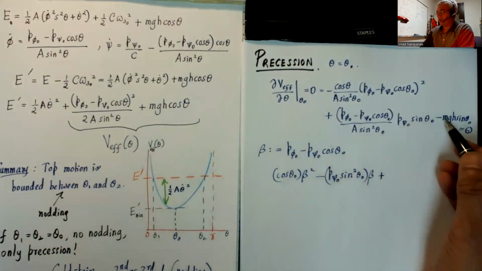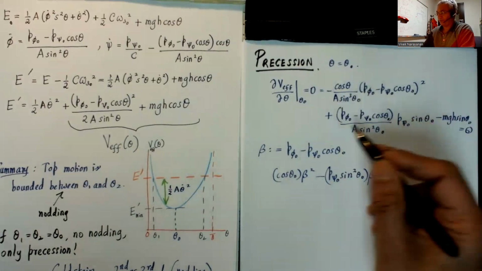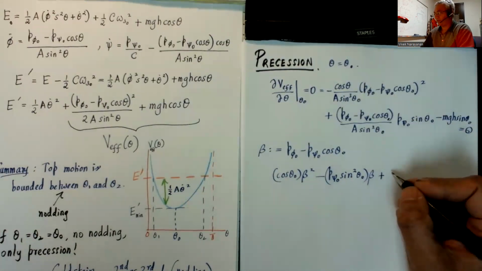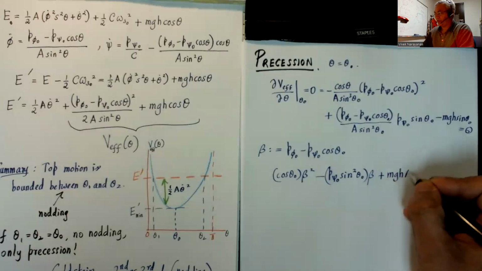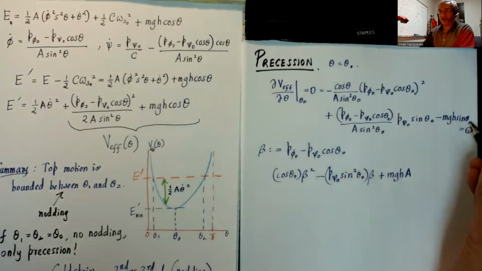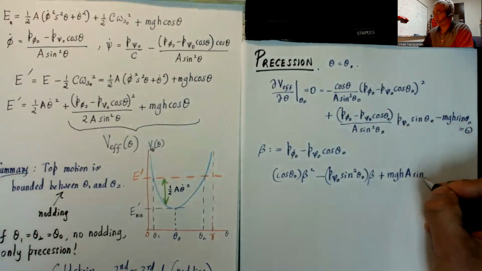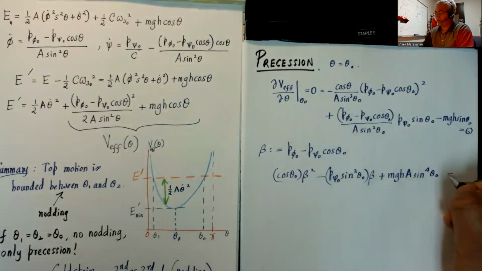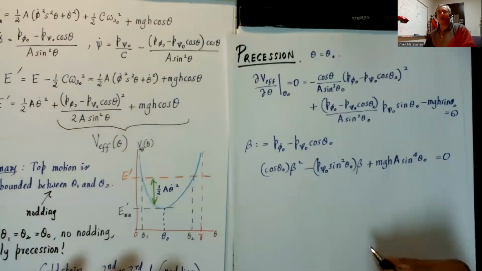And then that becomes a plus because of the earlier thing I told you of multiplying the whole thing with a minus sign. So that's going to give me mgha. And since I've multiplied by a sine cube theta, there's a sine theta already, so sine 4 theta naught equal to 0.